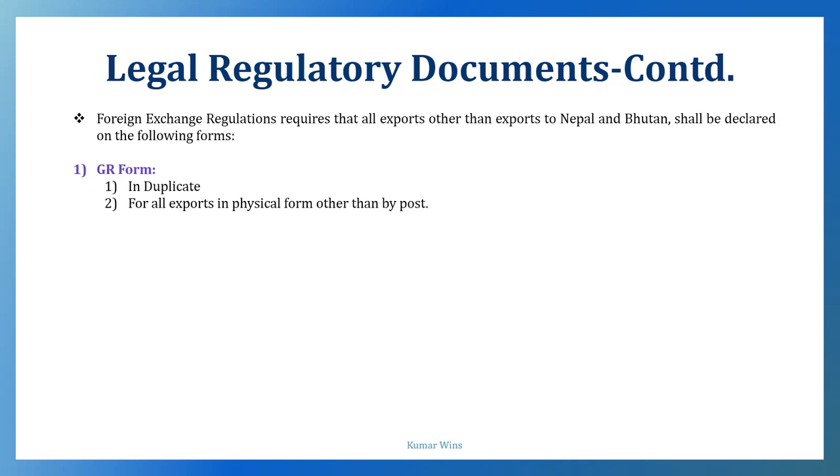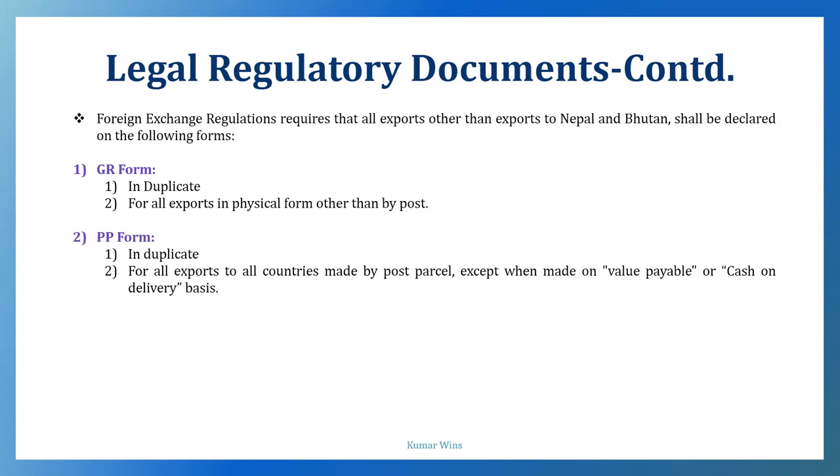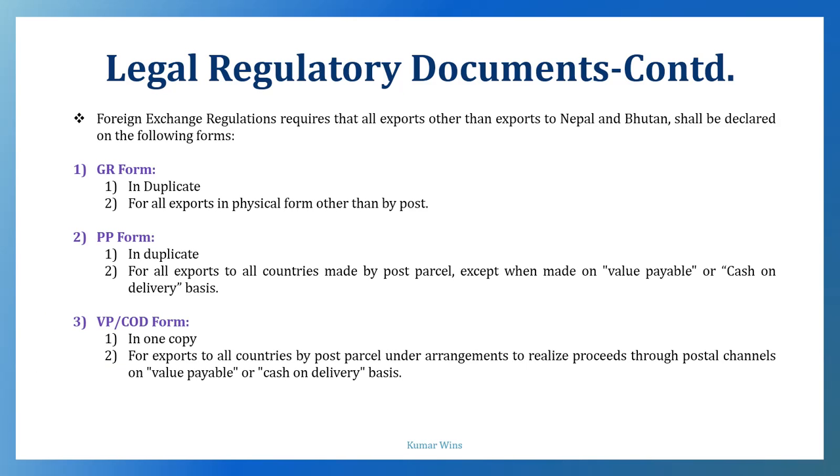So what is the document which we can use in case we are exporting by post? That is called PP form, and it has to be filled in duplicate. PP form is used for all exports to all countries made by post parcel except when made on value payable or cash on delivery basis, that is COD or VP.